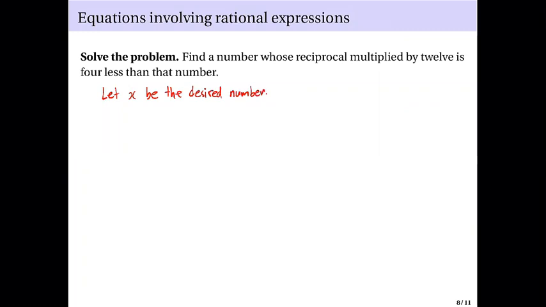Or possibly there are two of them or three of them or many of them. Okay. Then you have the reciprocal multiplied by 12. Then the reciprocal is 1 over x. Okay, 1 over x multiplied by 12.